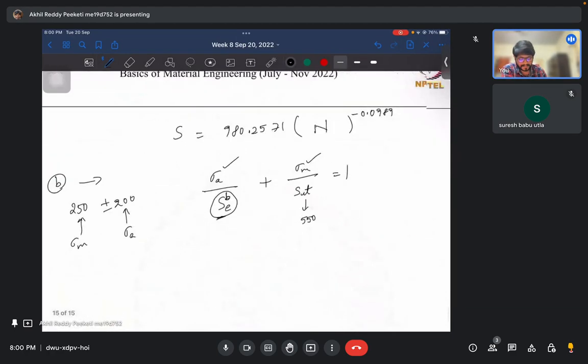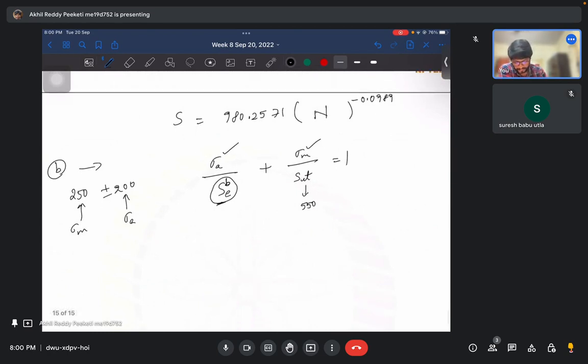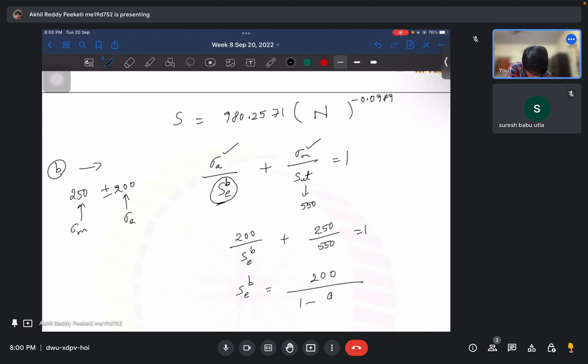With this we will get the effective endurance stress it has to withstand. So if you substitute, 200 by 1 minus 250 by 550, equal to, this would give you 366.67 MPa.